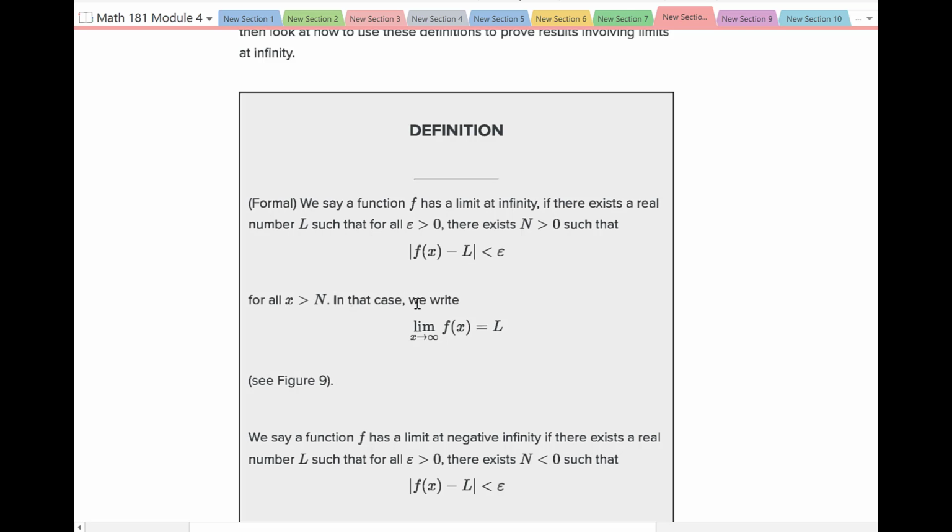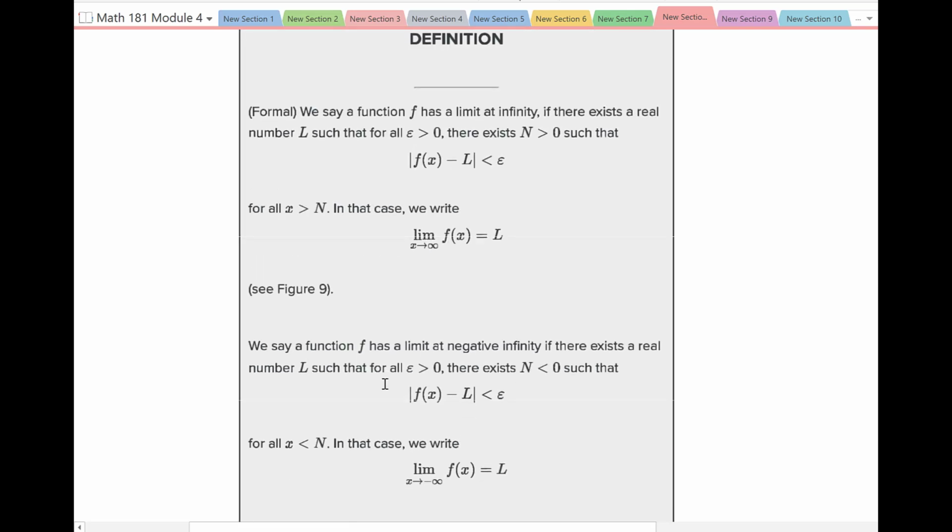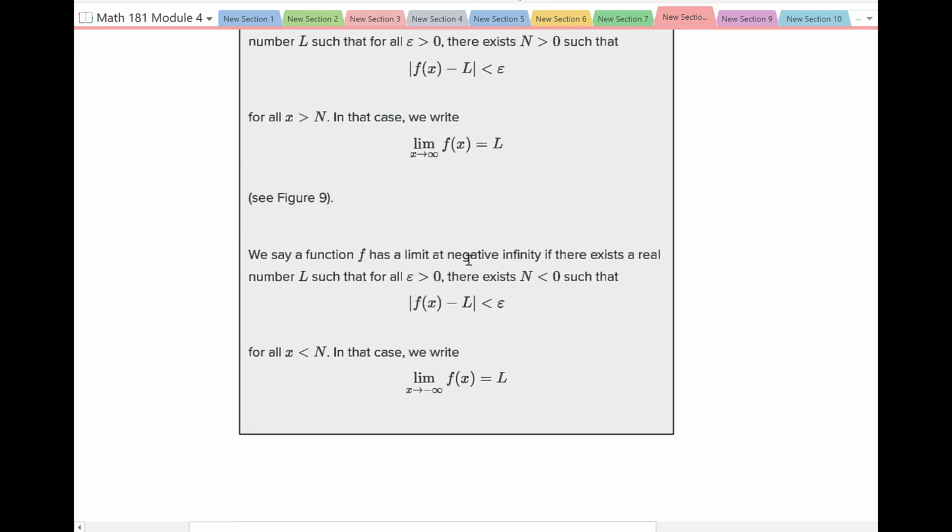In that case we write the limit as x approaches infinity of f of x equals L. We say a function f has a limit at negative infinity if there exists a real number L such that for all epsilon greater than 0 there exists n less than 0 such that the absolute value of f of x minus L is less than epsilon for all x less than n. In that case we write the limit as x approaches negative infinity of f of x equals L.